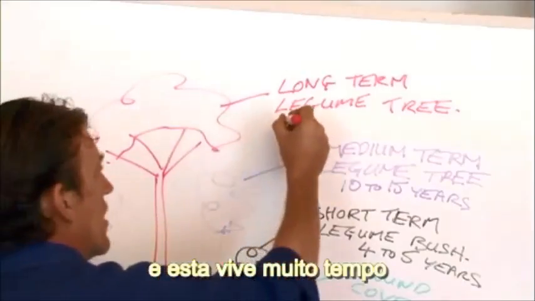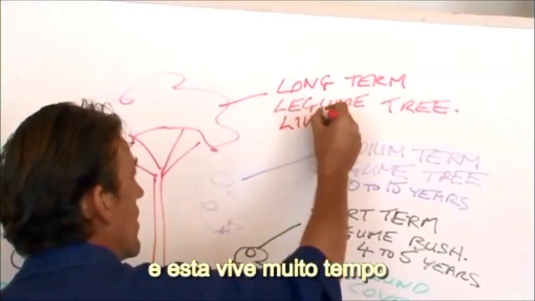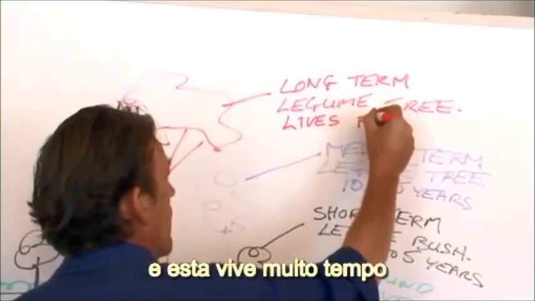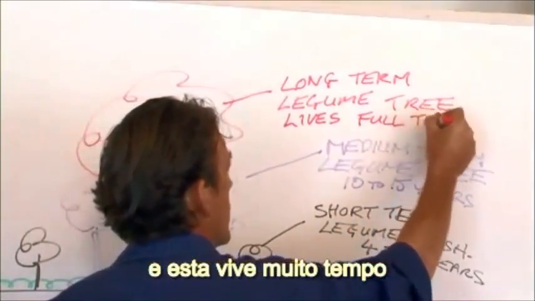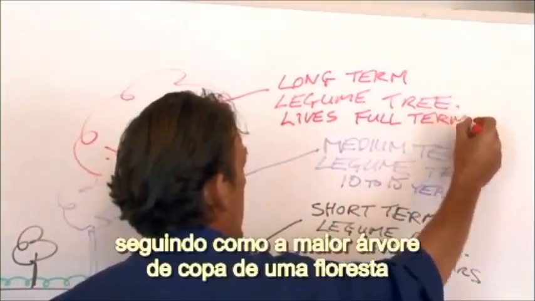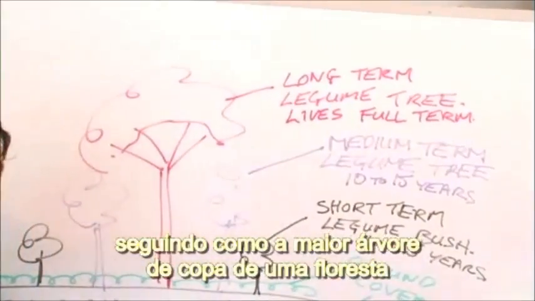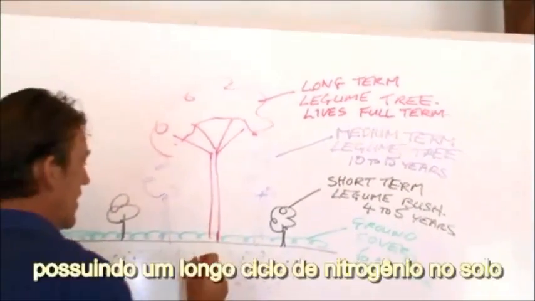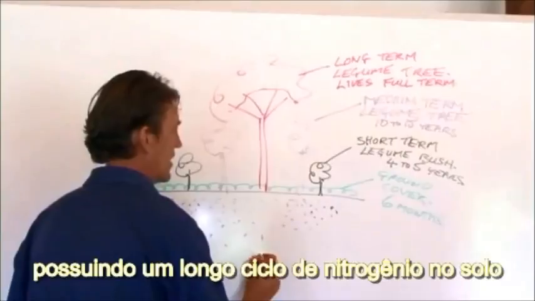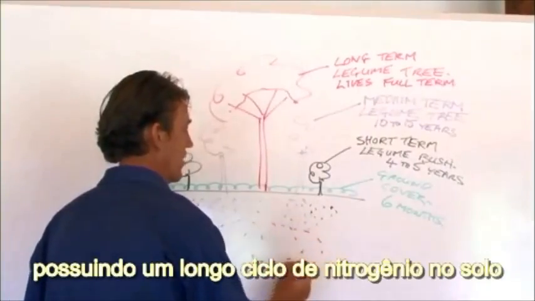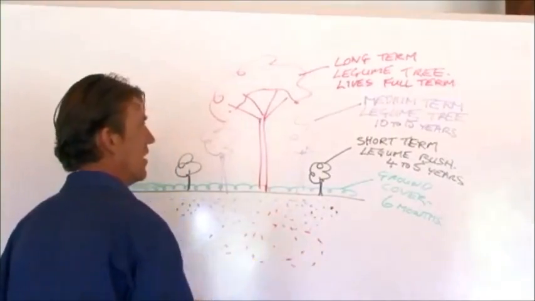And this one lives full term. It goes on as a canopy tree of the forest, and it has long-term cycles of nitrogen in the ground.